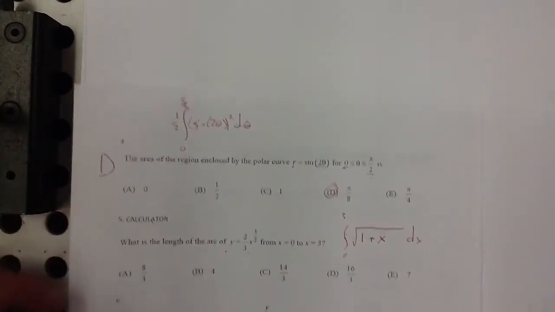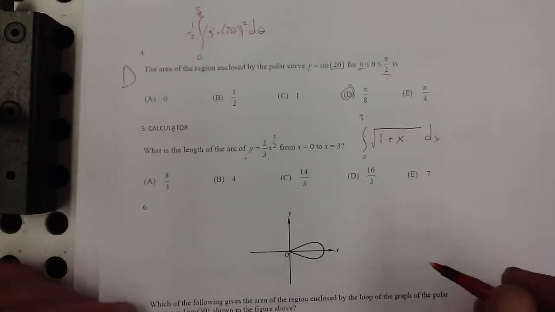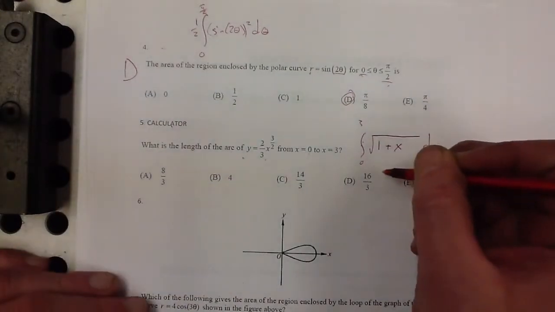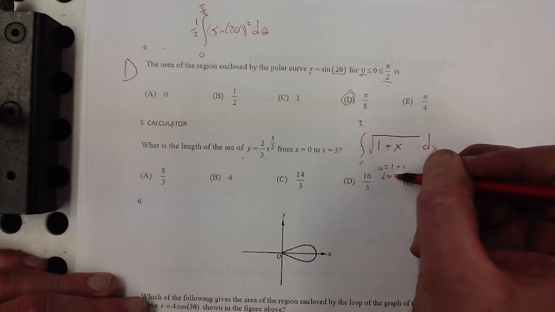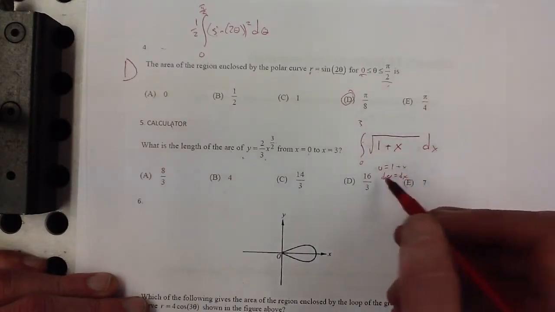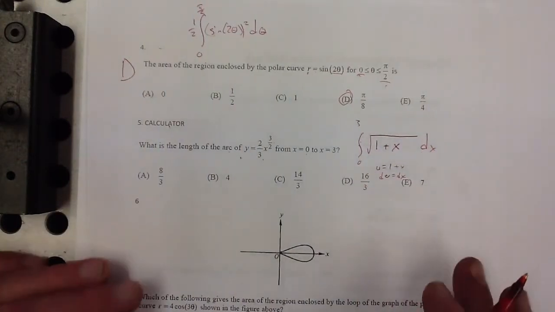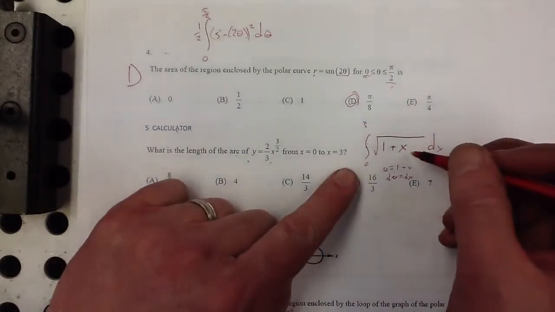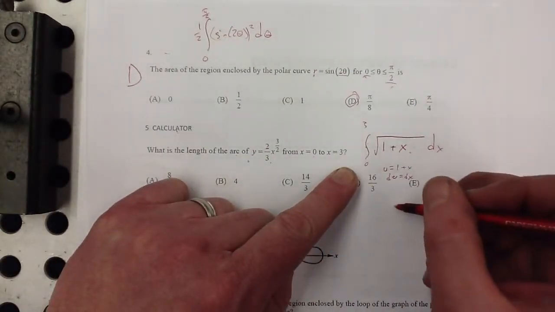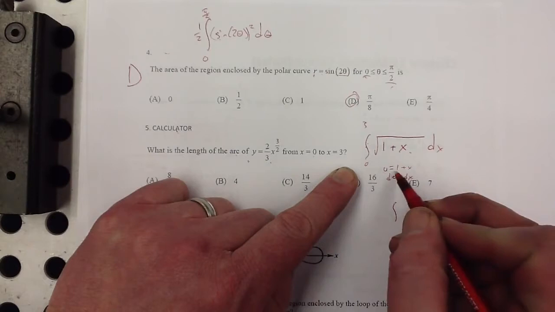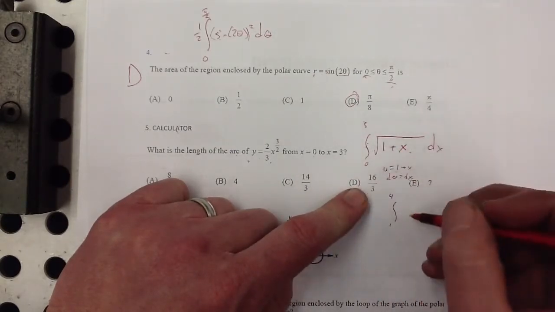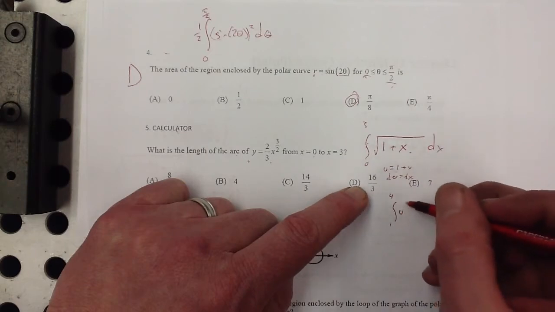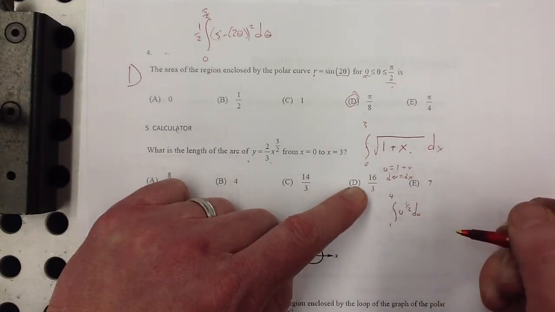So let's see, I'll go ahead and work it right here. So if you let u equal 1 plus x, then du is equal to dx. And effectively, we just shift this over 1, right? So this is going to turn into the integral from, now my u numbers are 1 to 4, which is nice, those are square roots. And this is going to be the square root of u, u to the 1/2 du.